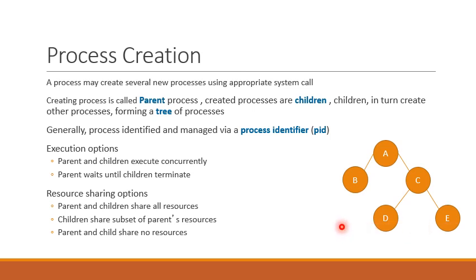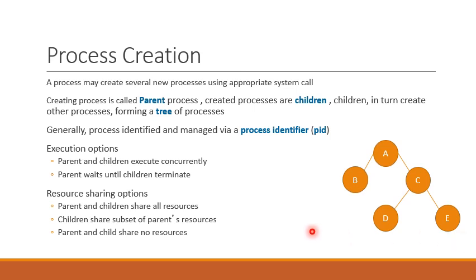Each of these processes is identified and managed via a process identifier, which is a unique integer value for every process in the operating system. For example, process A will be assigned a process identifier. Similarly, process B, C, D and E will also be assigned a unique integer identifier known as the process identifier.